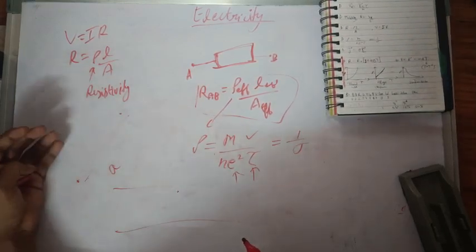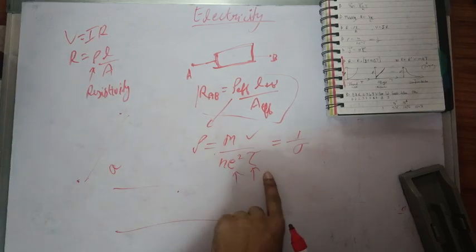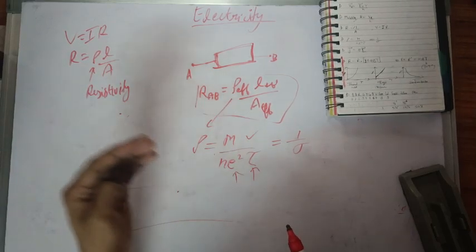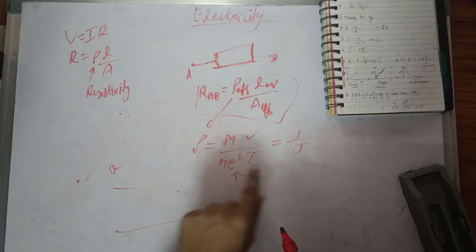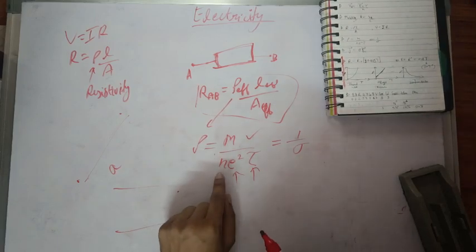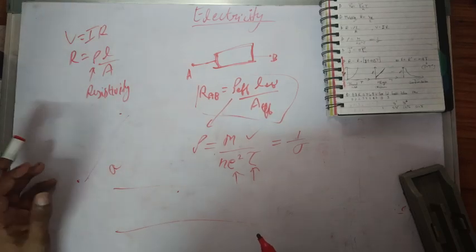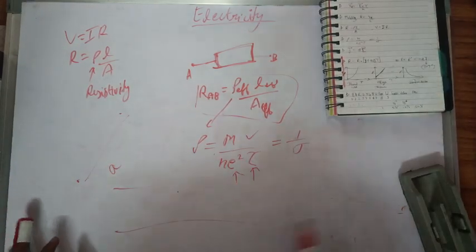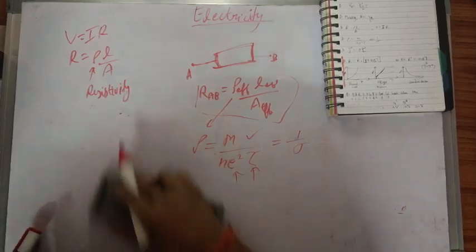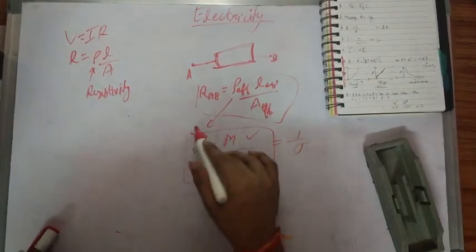If it moves with larger speed, again the current will increase, so larger tau means smaller resistivity. That's why it is also inversely proportional. And n, the number of electrons per unit volume: the more electrons present, the more current can flow, so it is also inversely proportional to resistivity. That's how we can understand this formula.